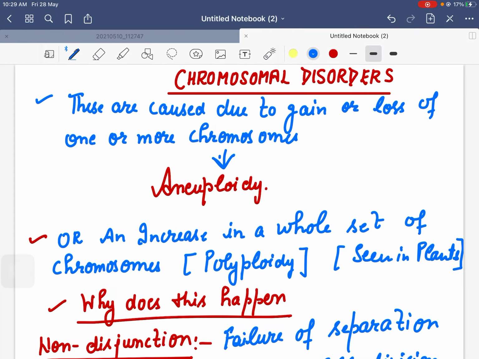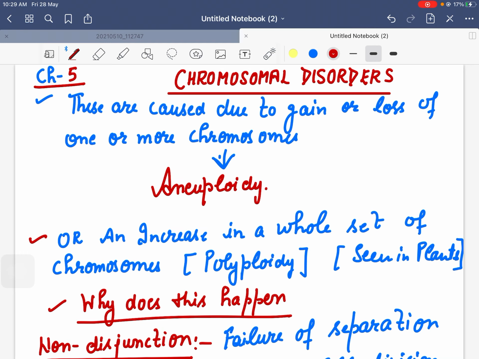In my previous lecture, we talked about the Mendelian disorders, right? And in this last lecture from the principles of inheritance and variation, that is chapter number 5, we are going to talk about the chromosomal disorders.